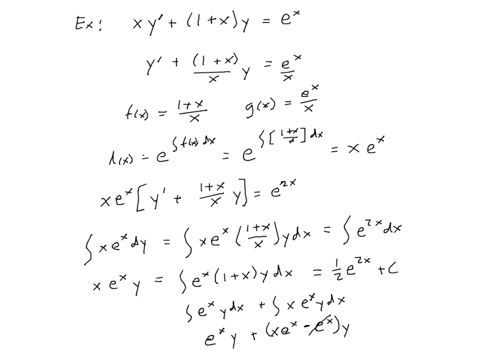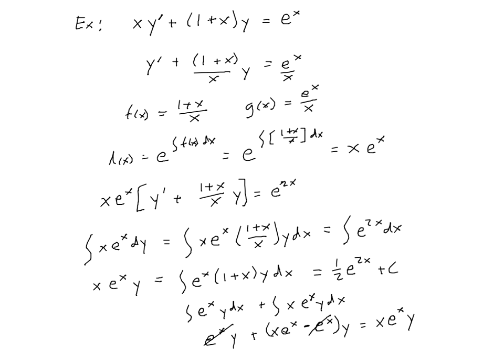And so this term right here cancels out with this term. And so this middle term you're just left with is x e to the x y, which is exactly the same as this one. So that looks pretty good.